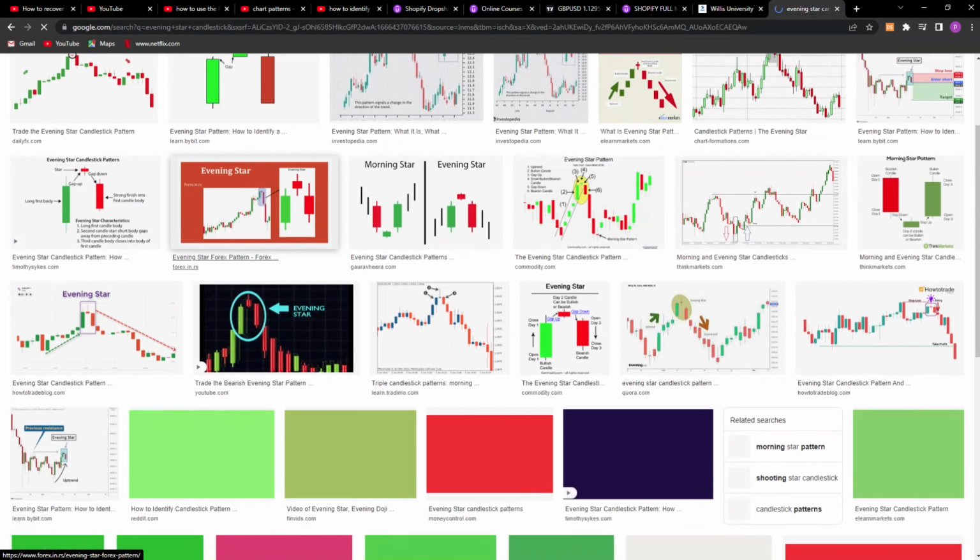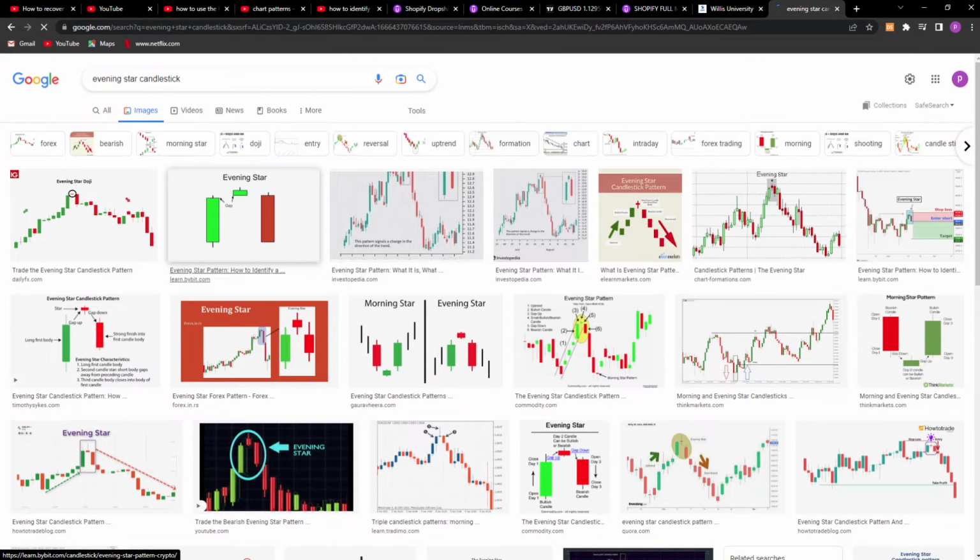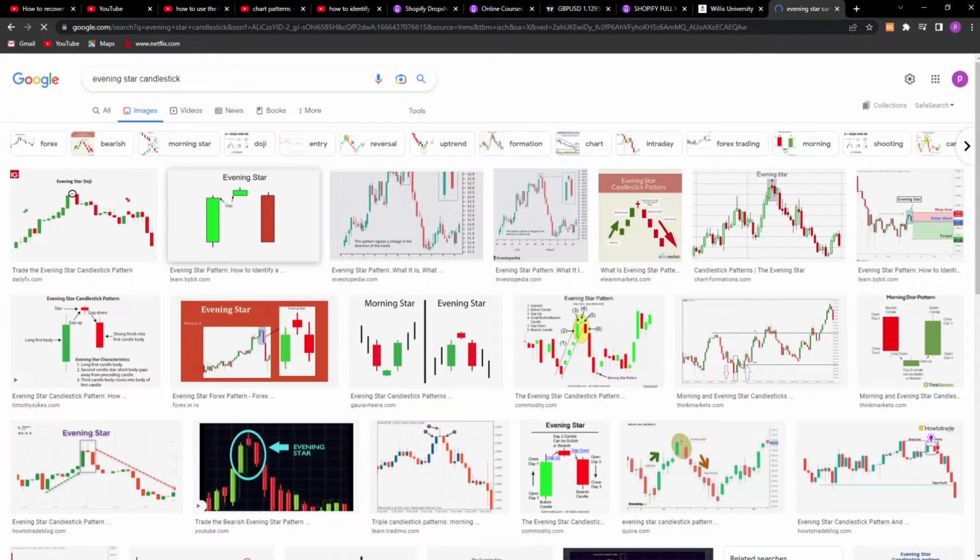Good, that's an evening star. Just remember that. You see that? Bullish, doji, bearish. It must not be red here. It must not be a bearish candle. So long as the candle is a small-bodied candle, it's a doji candle.